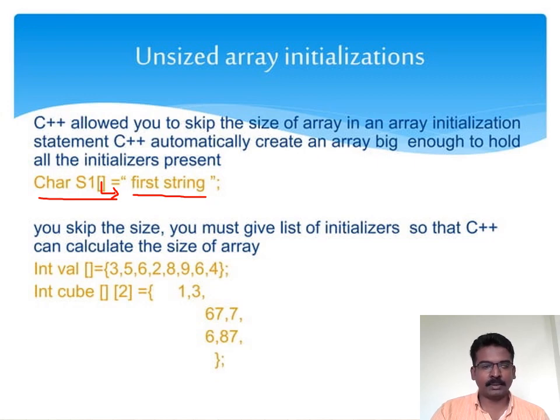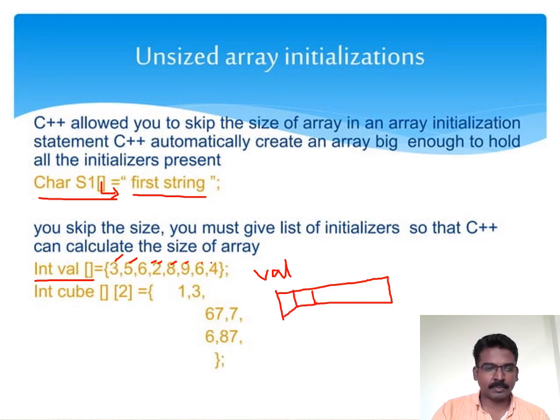For example, to better understand, take this example. Here we are creating an array named value, but we don't know the size. The size will be automatically taken based on the number of elements. Here there are 1, 2, 3, 4, 5, 6, 7, 8 elements, so the size will be taken as 8. This is nothing but unsized array initialization.